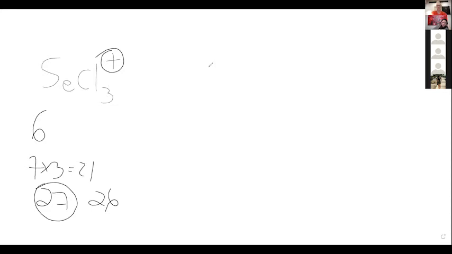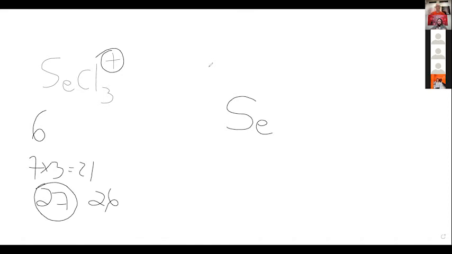Selenium, right, lower electronegativity. We haven't really learned this, but electronegativity goes down as you move to the left, until you get to fluorine, which is the highest. It also goes down as the atoms get bigger, because the atomic radius gets bigger.